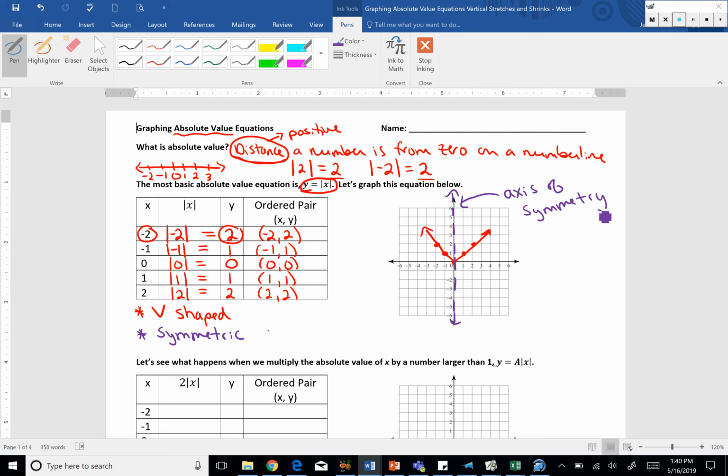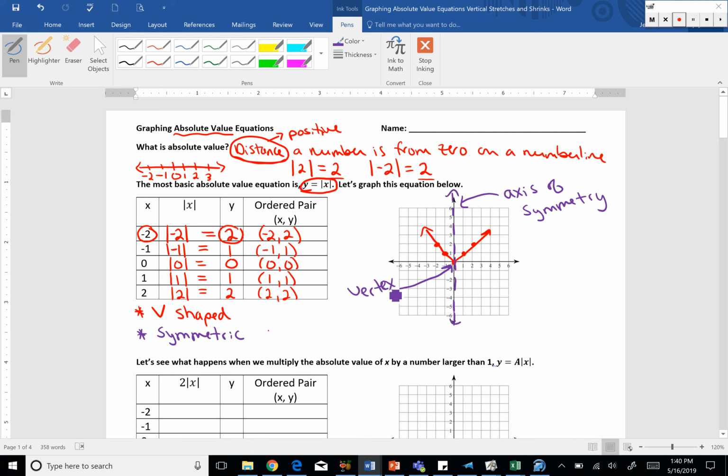Another piece on here, again, I just want you to be familiar with, so we have a little bit of common language. That middle point right there, kind of where your graph changes directions, where the two halves of the V meet, lots of different ways to describe it. That point is known as the vertex.